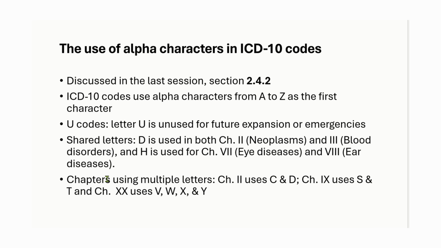There are letters which are shared, for example, in neoplasm disorders, and eye diseases, ear diseases. There are chapters which use multiple letters. For example, Chapter 2 uses C and D, Chapter 9 uses S and T, and Chapter 20 uses V, W, X, and Y.